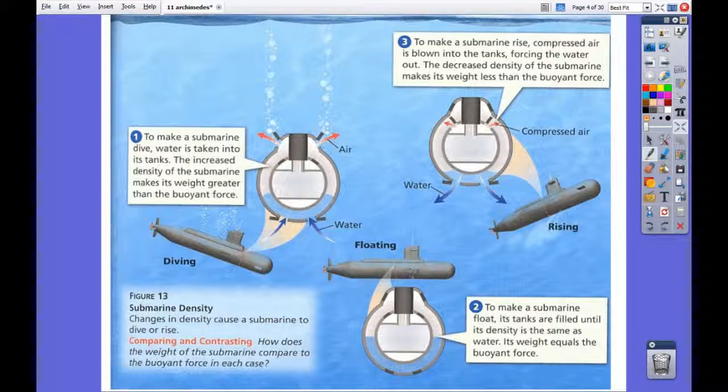If you want to make this submarine suspend in water, we have to make sure that the average density of the submarine equals the density of the water. And if you want to make this submarine rise, you have to force the water out and let the air fill the tanks. So it has less density than water, then it is rising.